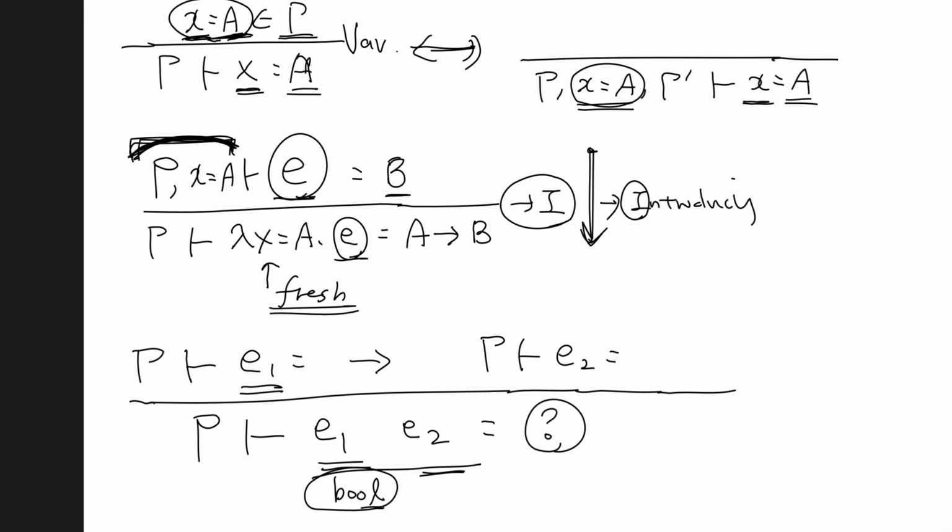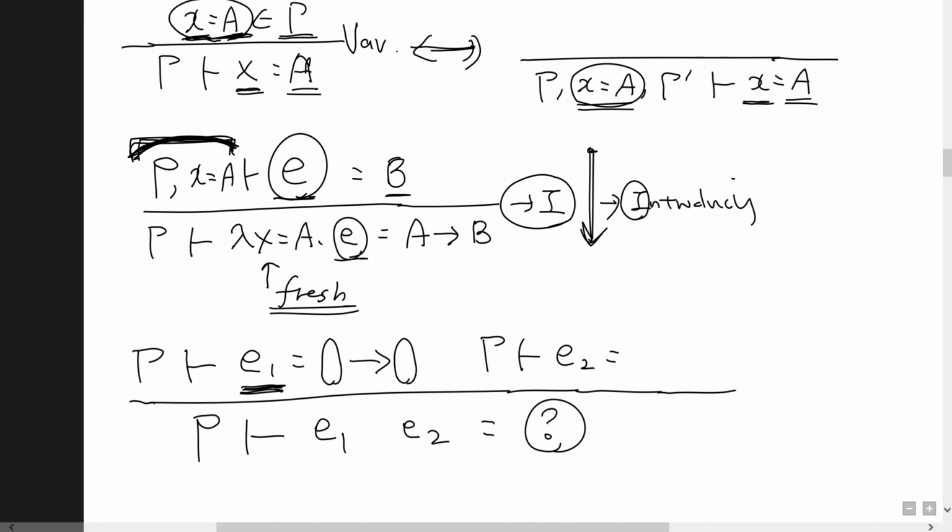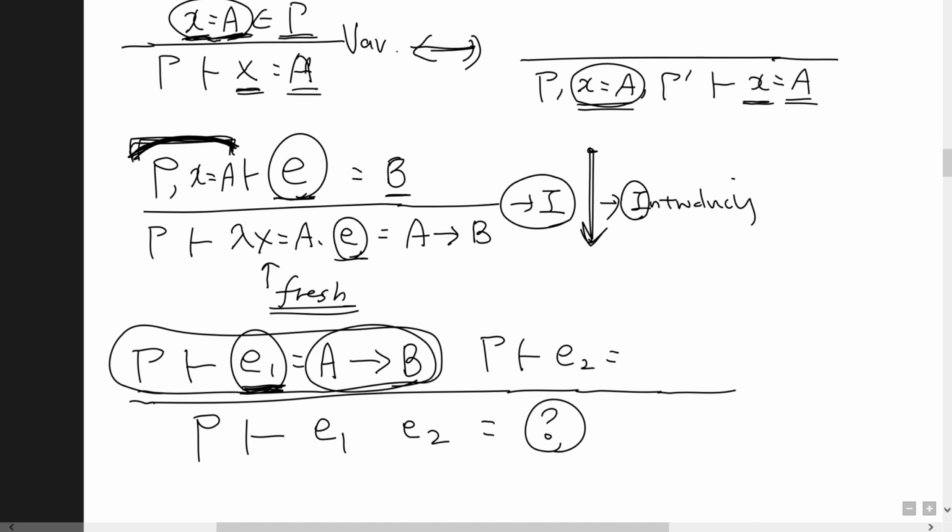So first, we have to make sure that this expression E1 has a type something arrow something. Because we don't know what they are, let's just say they are A arrow B. So this judgment says that expression E1 has valid type A arrow B. Now let's talk about expression E2.